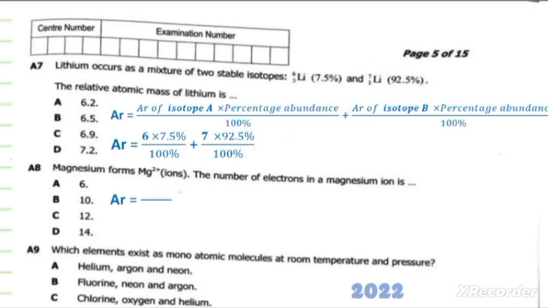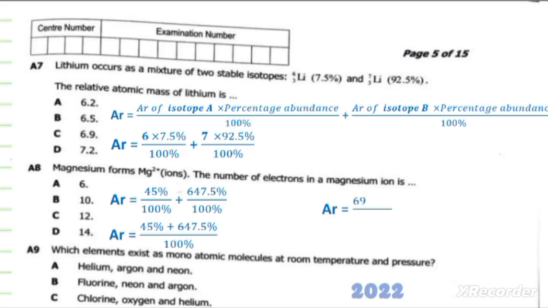Let us work out. 6 times 7.5 is equal to 45 over 100%. 7 times 92.5 is equal to 647.5 divided by 100%. We work out: we are going to have 45 plus 647.5, which gives 692.5 divided by 100.